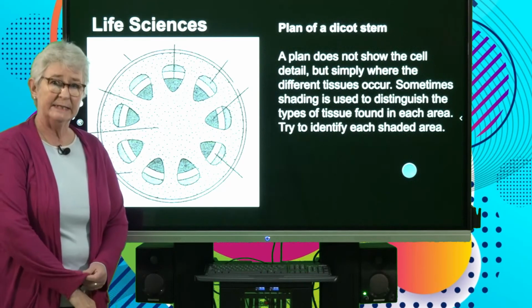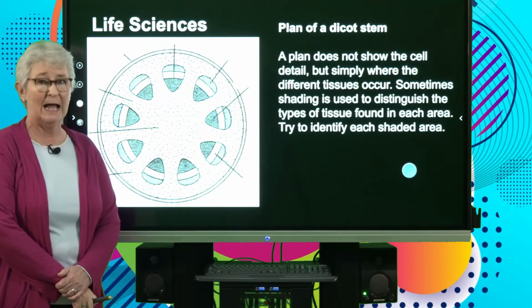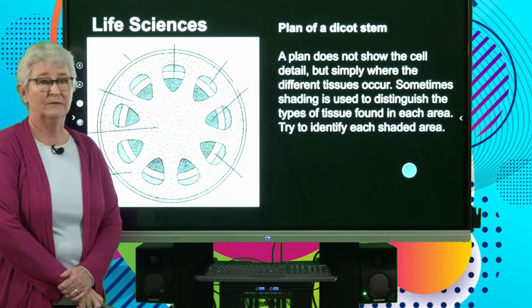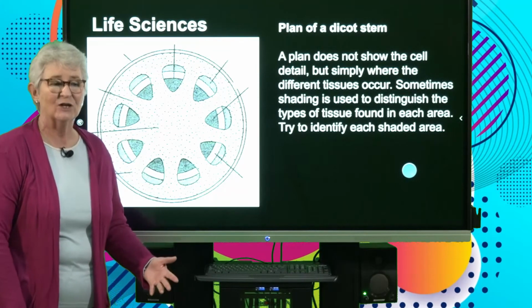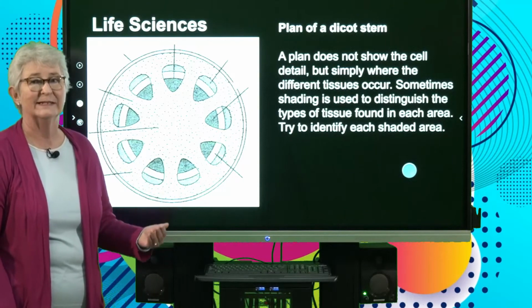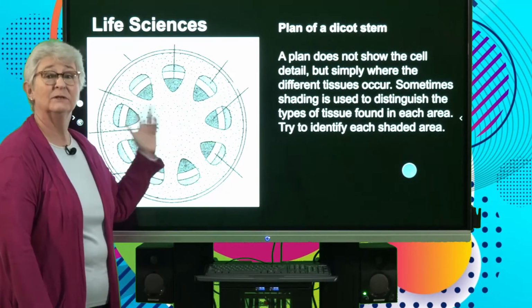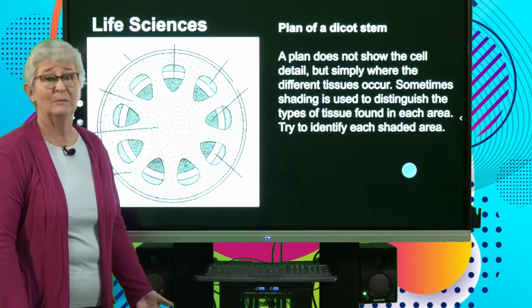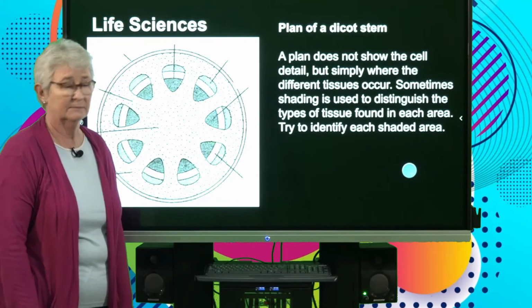It's often easier to understand by drawing a plan or a line diagram of a stem. And a line diagram simply shows where the different types of cells are found, doesn't actually tell you what the cells look like. So, let's have a look at this diagram of a plan and see if we can recognize all the different regions.